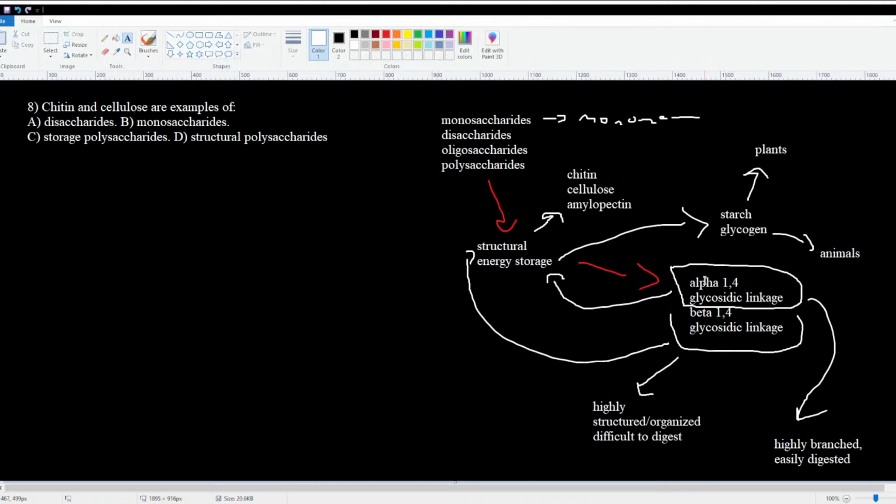So these are the reasons why we can't eat a tree, for example. The bark in a tree is very, very high in cellulose, very structural, very sturdy. Something like an oak tree, very, very tough.